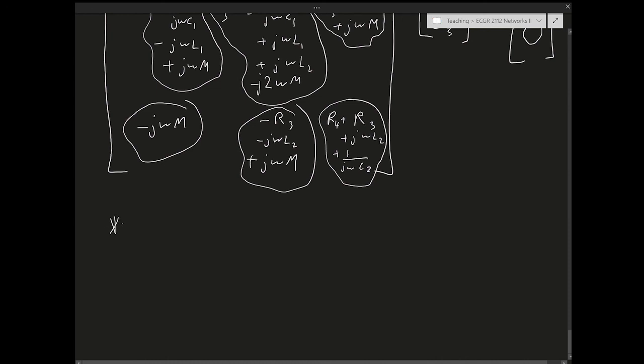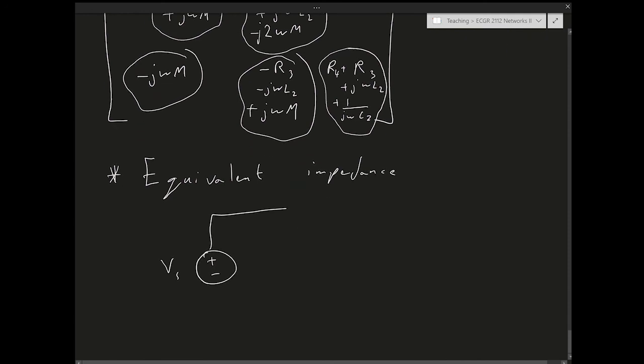So let's do an example that shows you how to do an equivalent impedance. Say you have this circuit. We did equivalent inductance, but we did not do equivalent impedance. Say we have this impedance ZS, Z source.